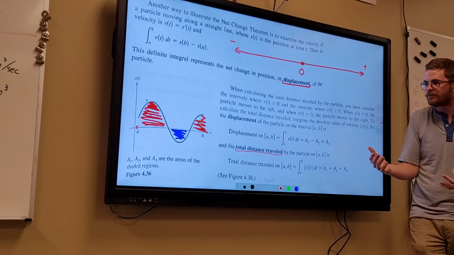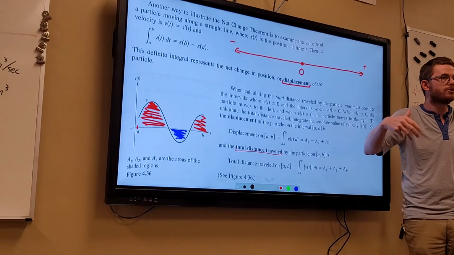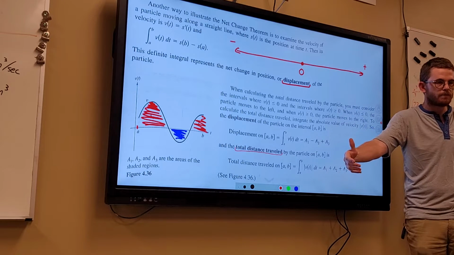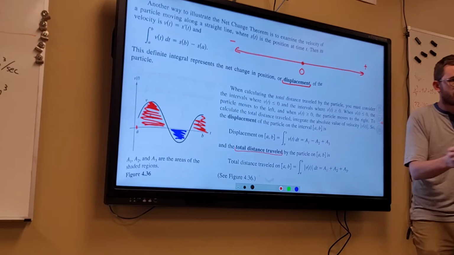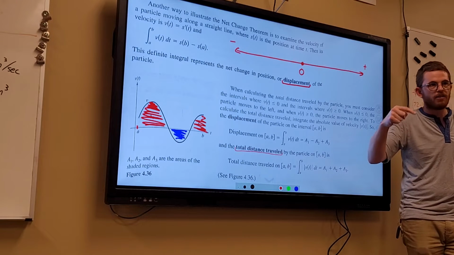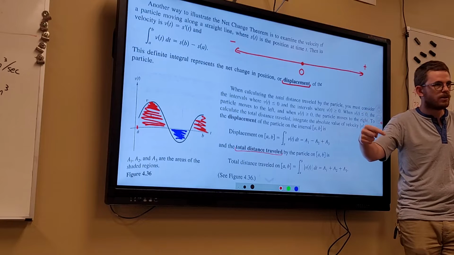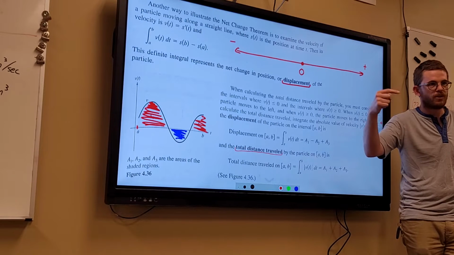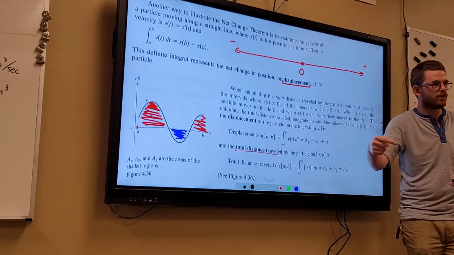Because again, for total distance traveled, we want to accumulate all of that. Think about when you're driving your car, if you've ever looked at the odometer, every mile you drive, it keeps ticking away, increasing and increasing until one day your engine dies, right?